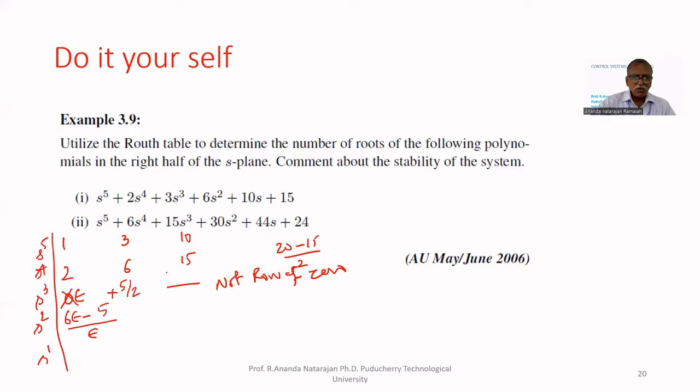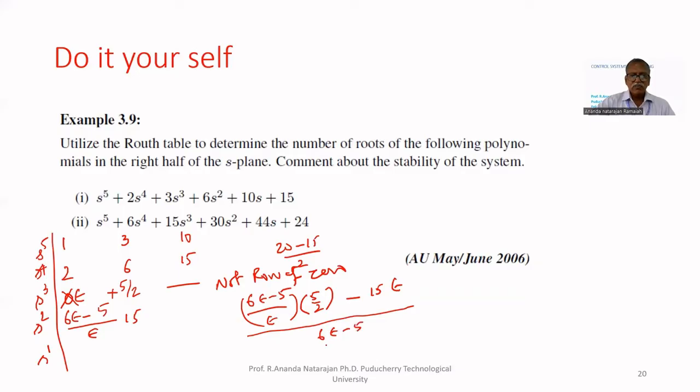So S power 1 is, here we will get one more. This 15 will come here. S power 1 is 6 epsilon minus 5 divided by epsilon multiplied by 5 by 2 minus 15 epsilon, whole divided by 6 epsilon minus 5 divided by epsilon. Let it be m.